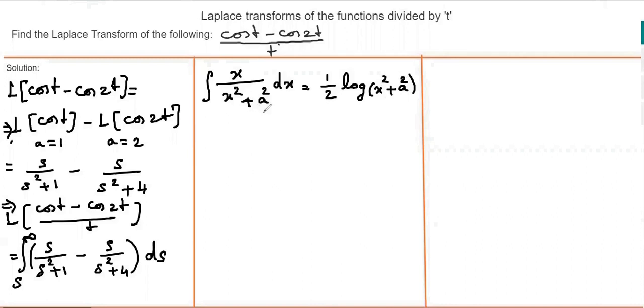Whatever is in the denominator, you apply within the log. That's it. So here I'm going to use this formula when I'm integrating.